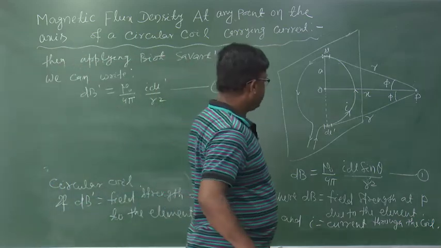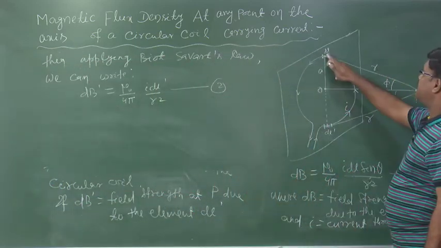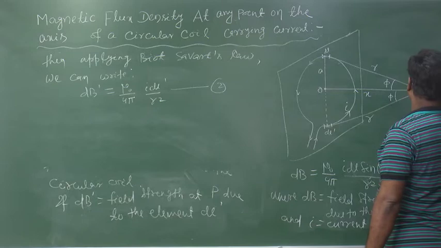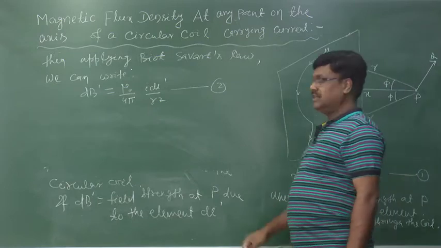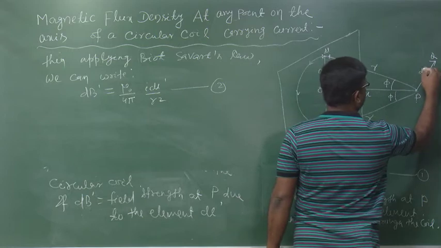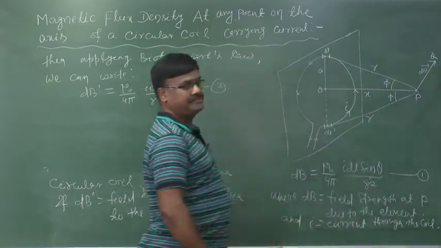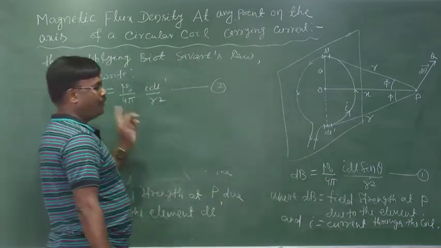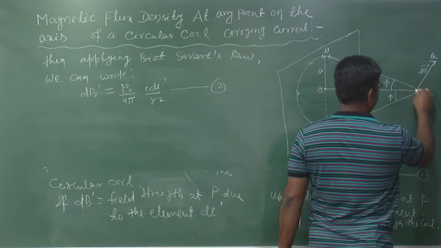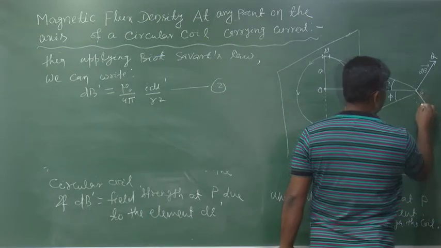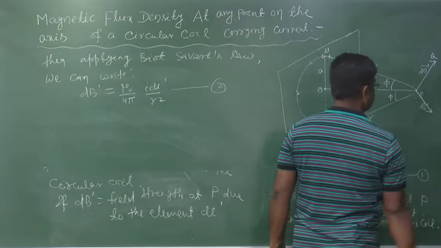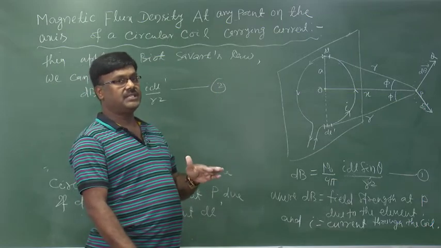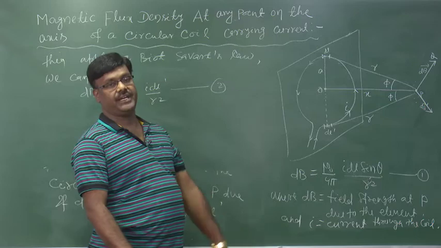And this dB due to the element dl will be along the line PQ. This is the direction of dB, and similarly the direction of dB dash will be along this line. This is dB dash, and our dB and dB dash can be resolved into their rectangular components.